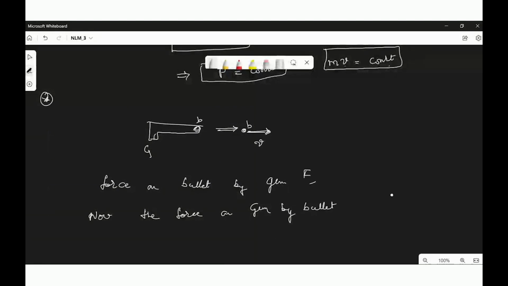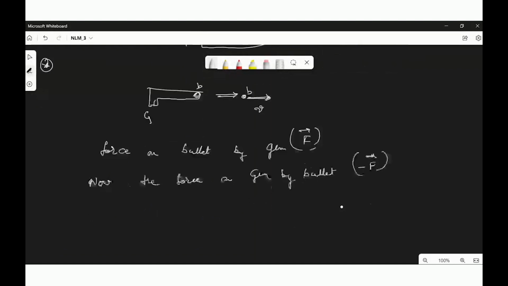It will be minus F. If that was F, this will be minus F. That is from Newton's third law I'm writing. Because my total system is this, the entire bullet and gun system.